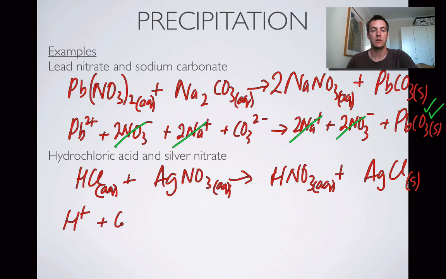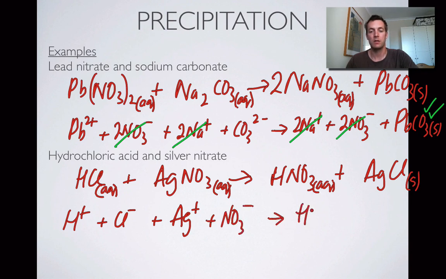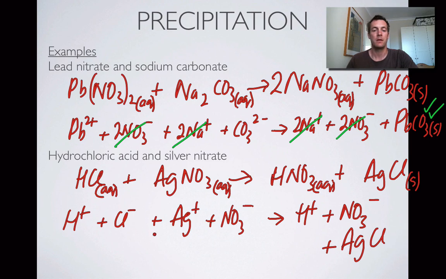H plus, Cl minus, Ag plus, NO3 minus makes H plus, NO3 minus, plus, and I can't write a solid as ions, I've got to write it as its entire formula. Cross out what hasn't changed, and that's the H plus ions and the nitrate ions. And again, we've got the formula of the precipitate coming from the ions that it's made up from.